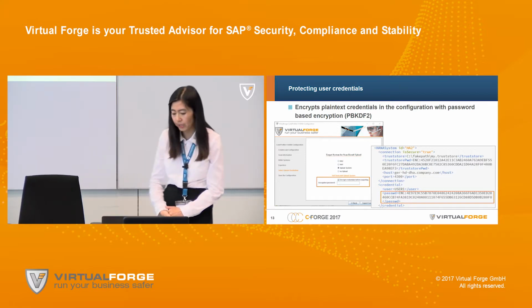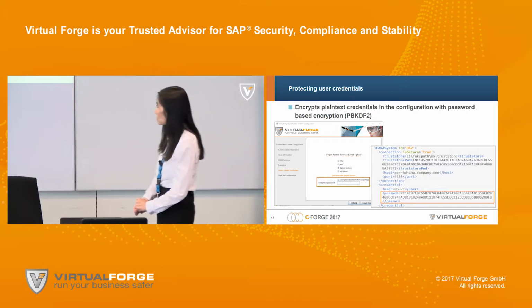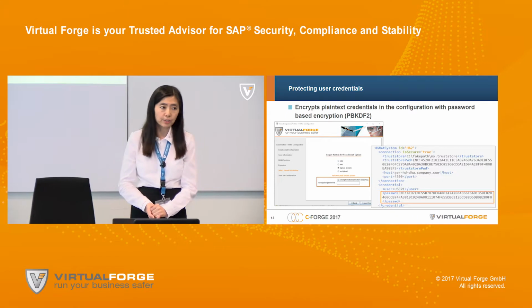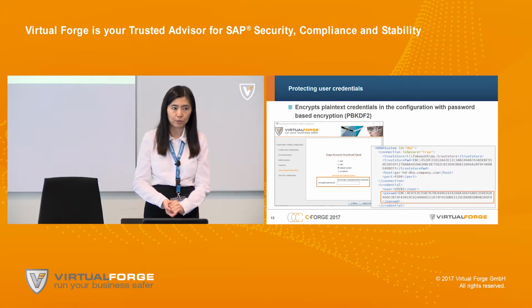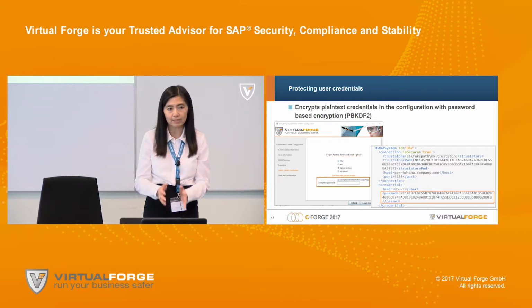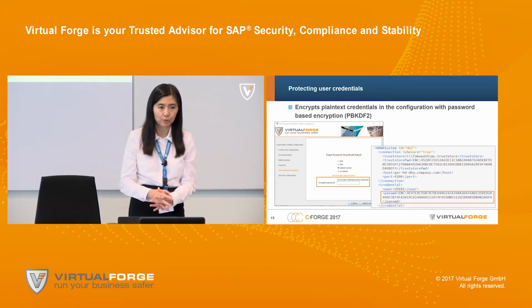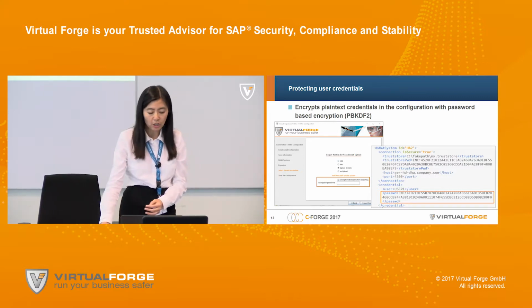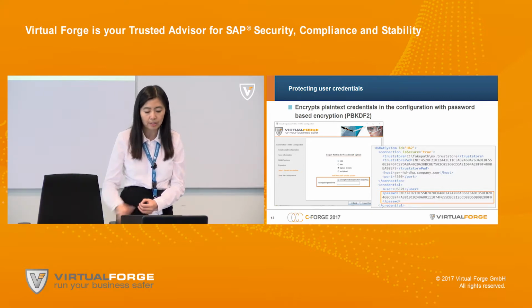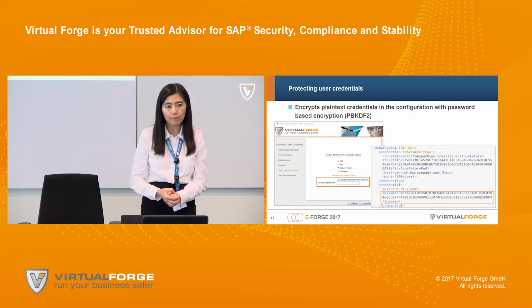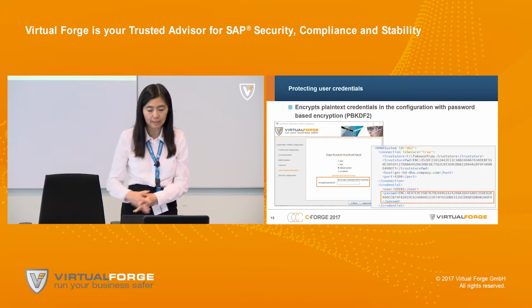And I want to show you another aspect here. So in the configuration, you need to specify your user credentials, like username and password. And the configuration will be stored in your file system. So you are wondering how we protect your credentials in the file system. Here you see the option that you can encrypt your credentials before you export your configuration to the file system.